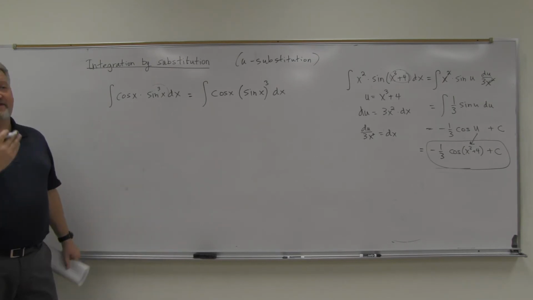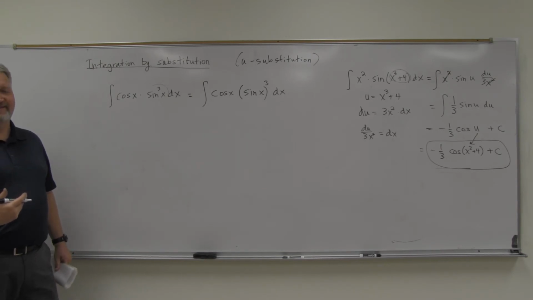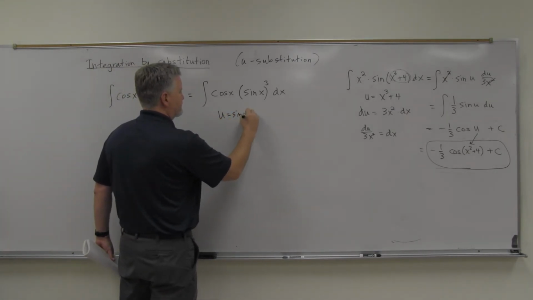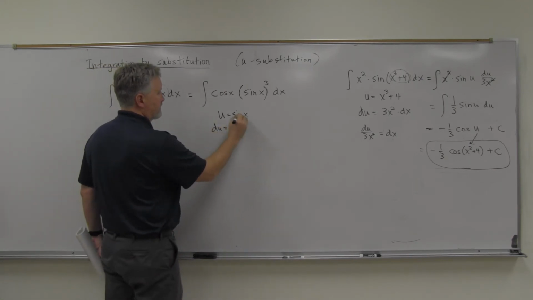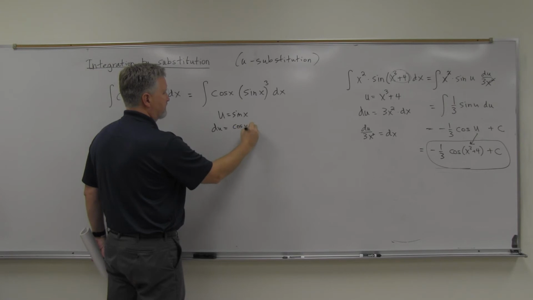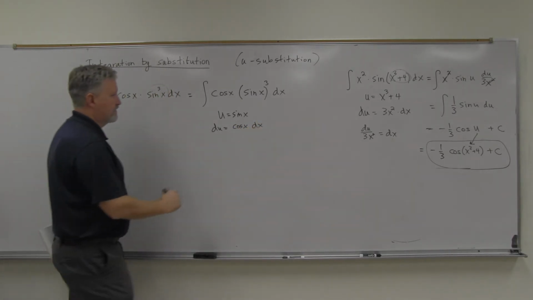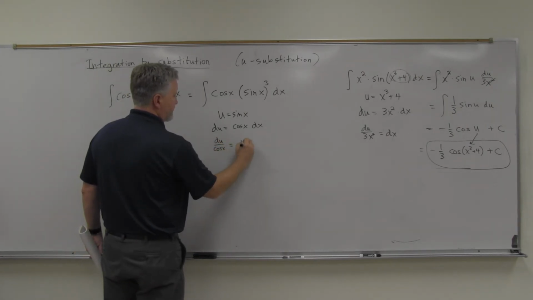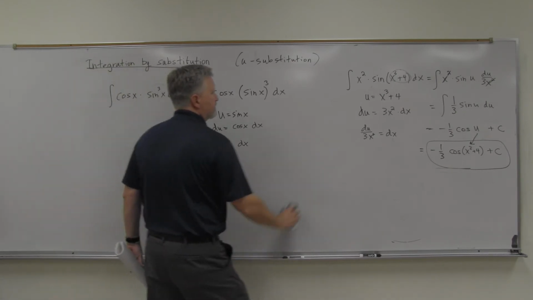That then helps me, because our little rule of thumb is what's in the parentheses is usually what you want to call u, right? So guess what u is here? Sine of x. And that would make du then the derivative of that, which is cosine of x dx. And then if I divide by cosine of x, du over cosine of x is what dx equals. And make those substitutions.